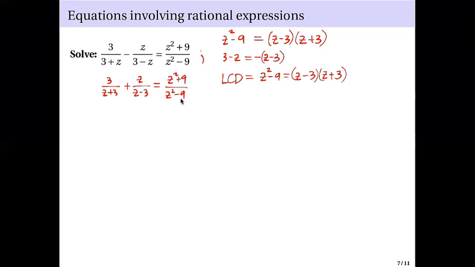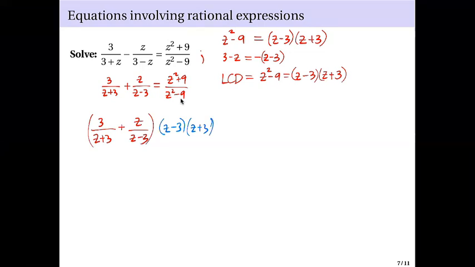Therefore, we multiply both sides of the equation. So you have (3z plus 3 plus z over z minus 3) times your z squared minus 9. I'll write it in factored form: z minus 3, z plus 3.